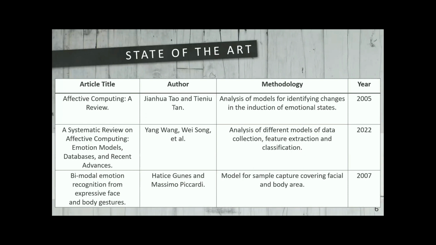Next, we have a systematic review on affective computing. This is a methodology or new concept used in this area. Why? Because we can get different models of data collection from this kind of topic.